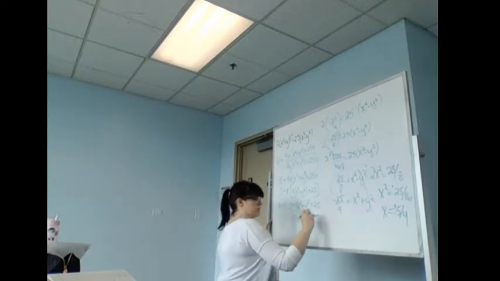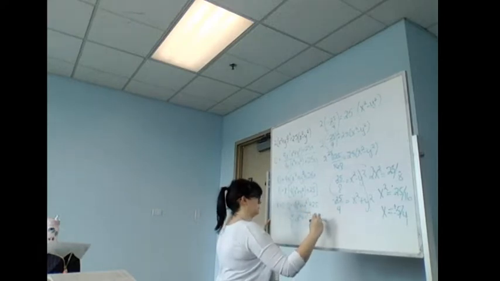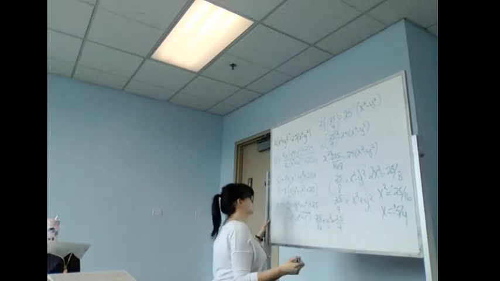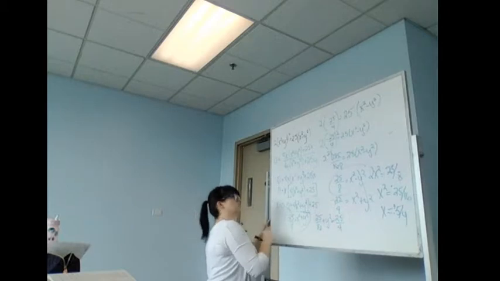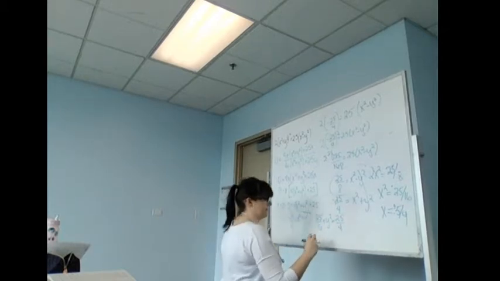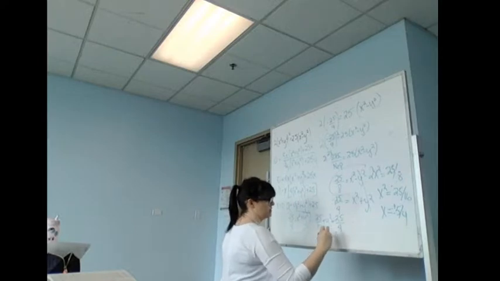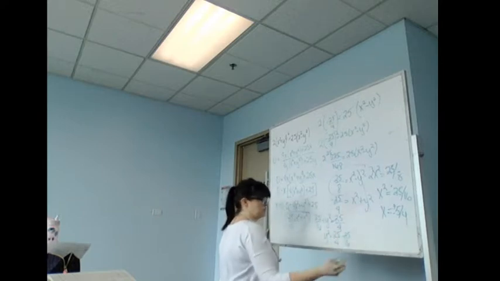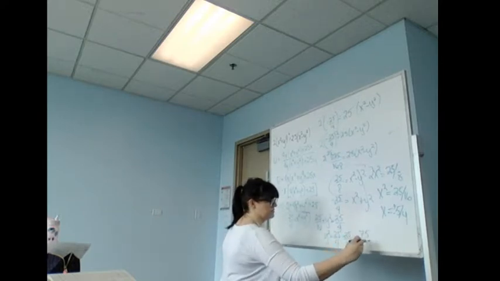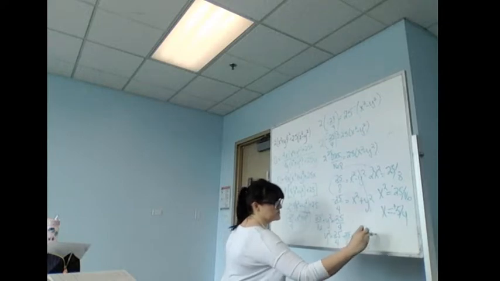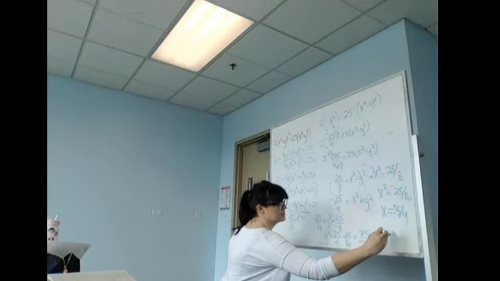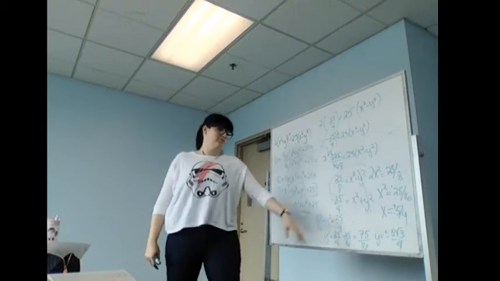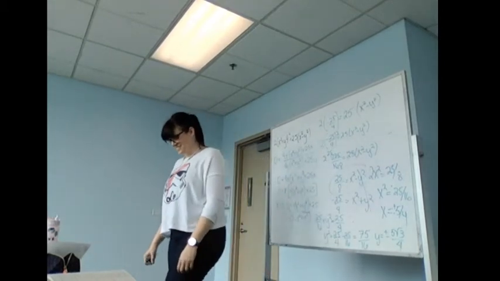So x squared, 25/16, plus y squared equals 25/4. I think that one's supposed to be positive. I think that's where I messed up. So y squared equals 25/4 minus 25/16, which equals 75/16, which means that y equals plus or minus 5 rad 3/4. So my 2 points, well, that's it. Make sense?